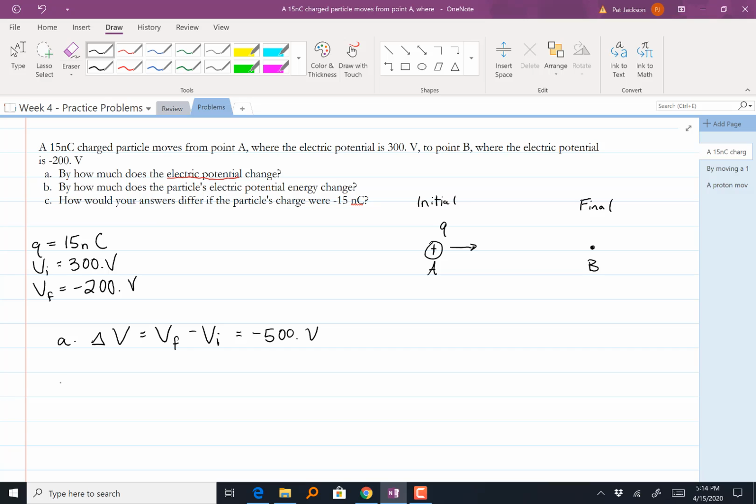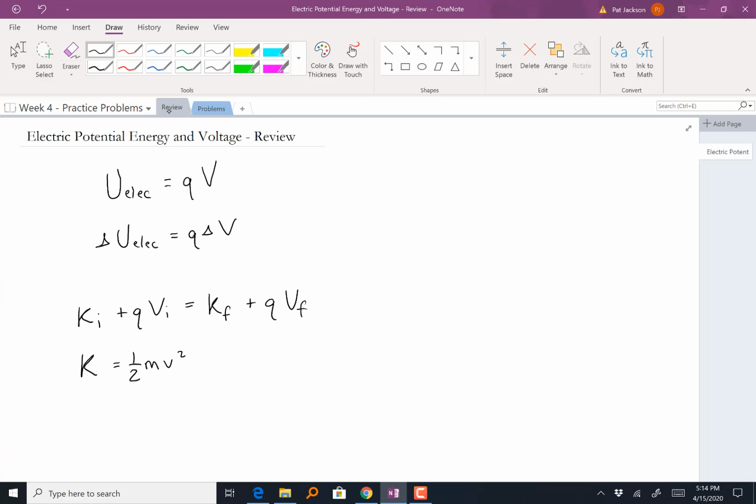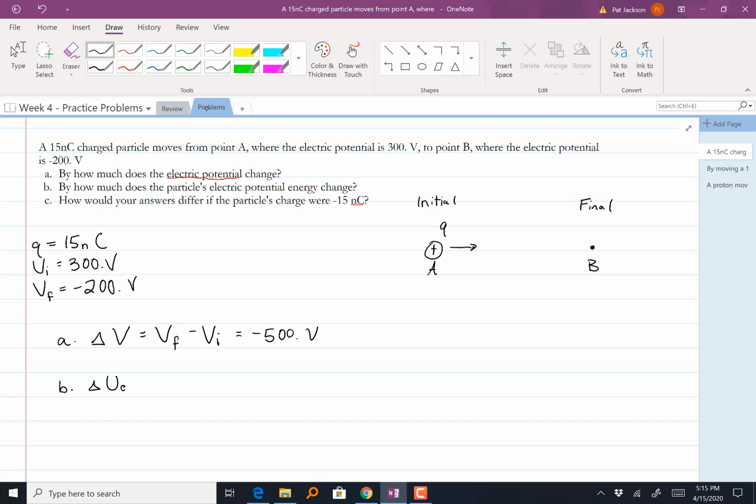All right, part B says by how much does the particle's electric potential energy change? So now we're looking for the change to the electric potential energy. And in our review of these equations, we said the change to the electric potential energy is equal to the charge times the change in the voltage or electric potential. And so we found the change to the electric potential in the last part, the negative 500 volts.